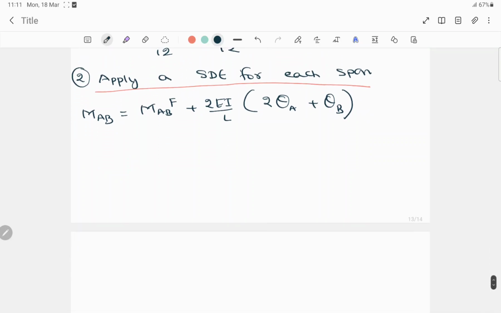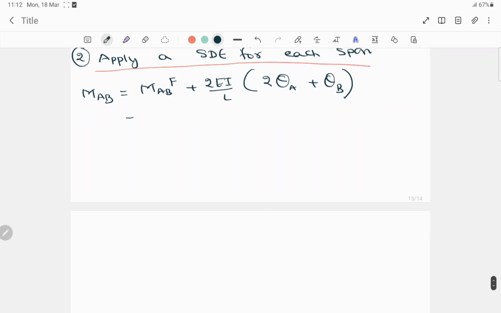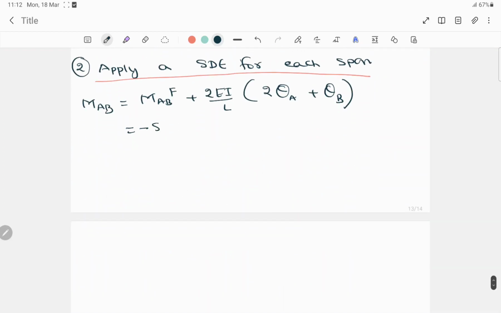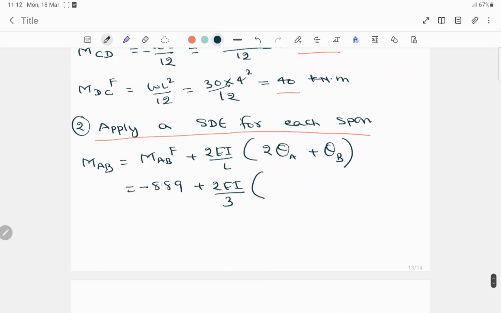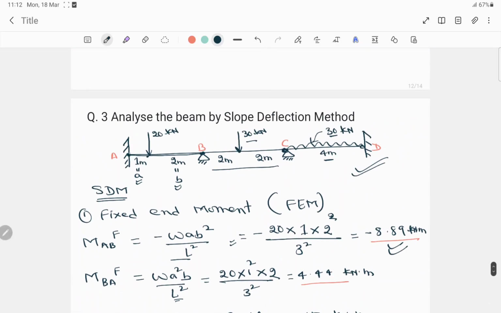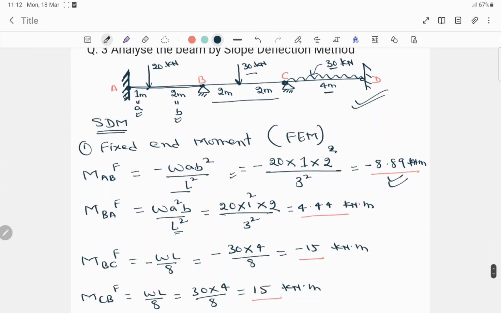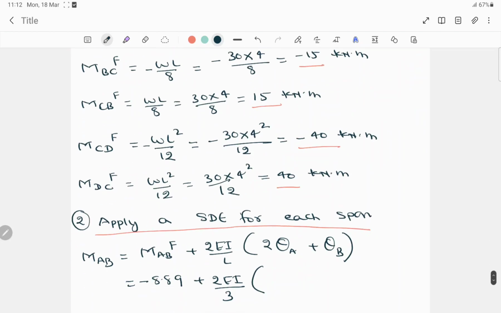Now here we have the fixed end moment from A to B, that is minus 8.89, plus 2EI, and the value for the A to B span is 3. Theta A is 0, because the beam is fixed at point A. In my previous videos I have also mentioned that for a fixed support the deflection and the slope will be 0.